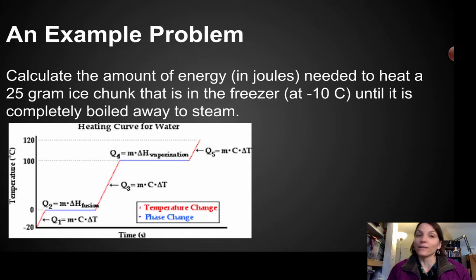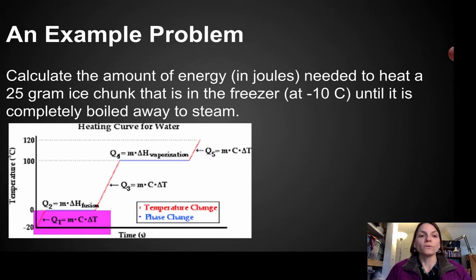So here's an example that sort of summarizes what I was just talking about. If we calculate the amount of energy in joules needed to heat a 25-gram chunk of ice that is in the freezer at negative 10 degrees Celsius, that's the starting temperature, until it's completely boiled away to steam. Well, we have to do 4 different calculations because the amount of energy required is going to be the sum of the energy it takes to heat the ice from negative 10 to 0.